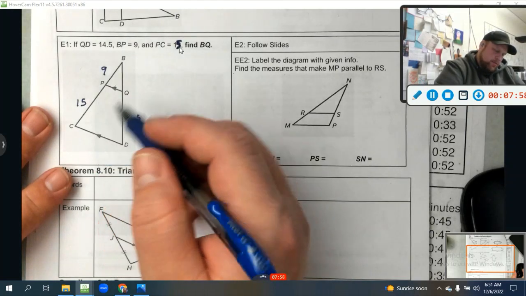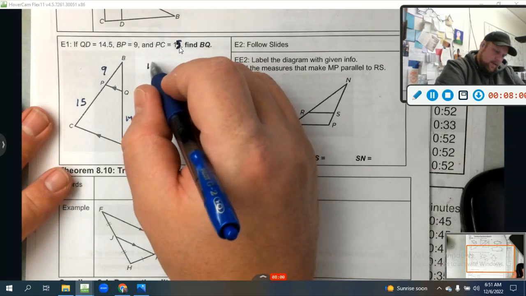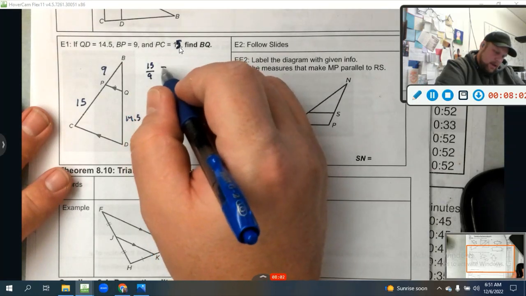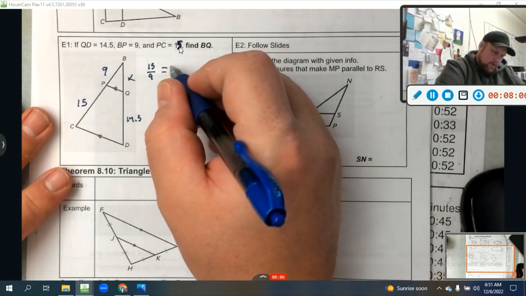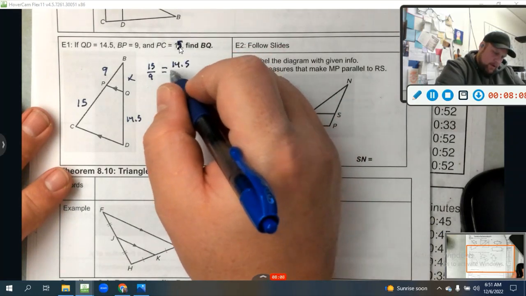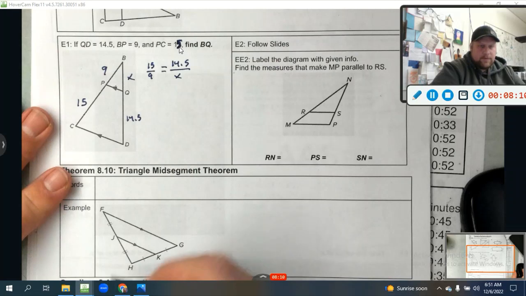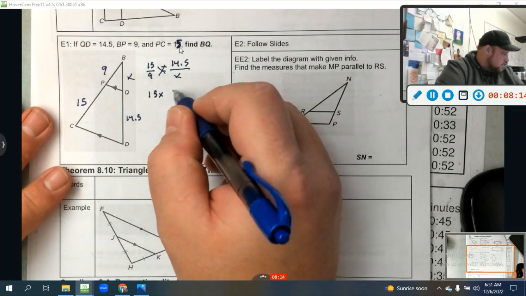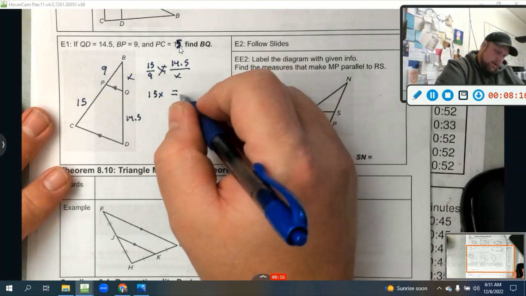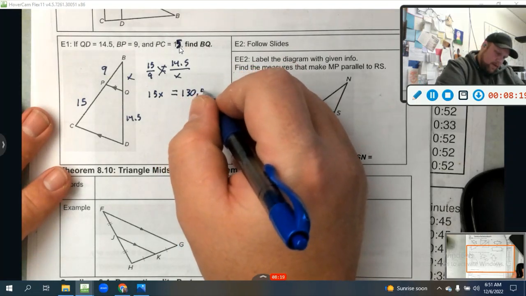So I know there's a proportionality, so I can say 15 over 9 is equal to 14.5 over X, where X is BQ. Then I cross multiply: 15X equals 130.5.